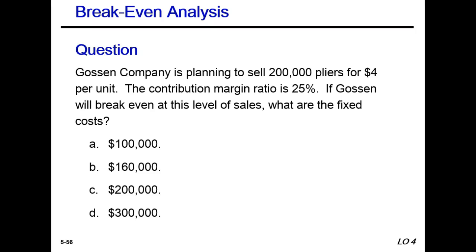If Goss & Company will break even at this level of sales, what are the fixed costs? Selling 200,000 units at $1 contribution margin, what do we know the fixed costs have to be? 200,000. Right on.